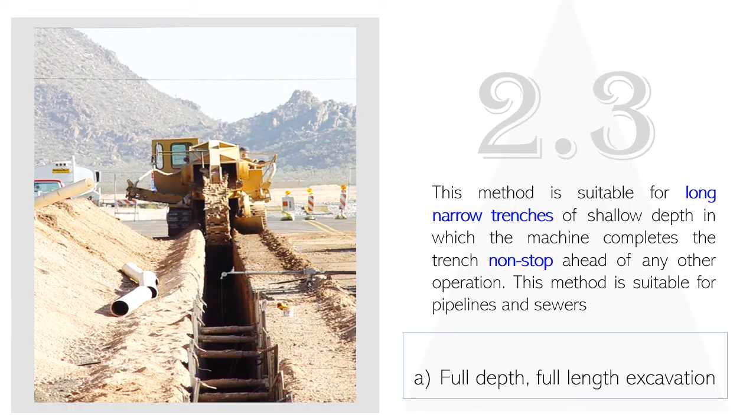The first method for trench excavation is full depth, full length excavation. This method is suitable for long narrow trenches of shallow depth in which the machine completes the trench non-stop ahead of any other operation. This method is suitable for pipelines and sewers.